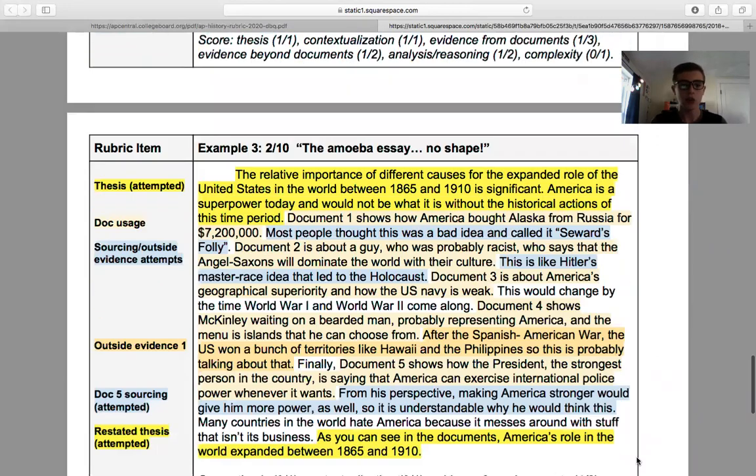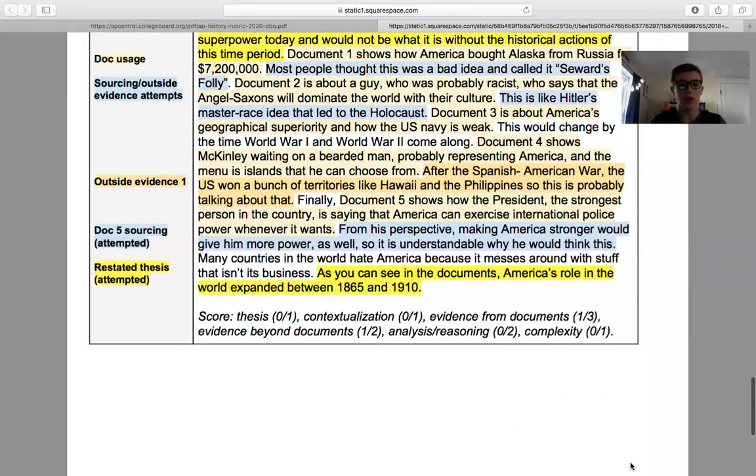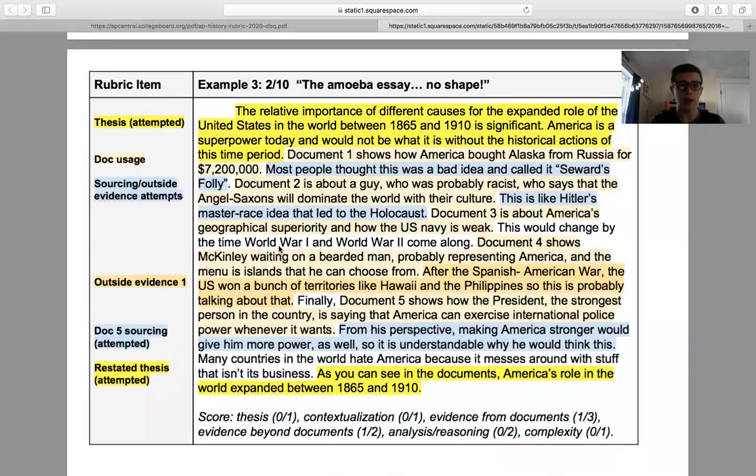I'm just going to show you what not to do, I guess. So this is a 2 out of 10. This is bad. As you can see, in their thesis, they did exactly what you're not supposed to do, and they restated the question. They definitely improperly sourced these documents, and the sourcing was bad. It was all a mess.